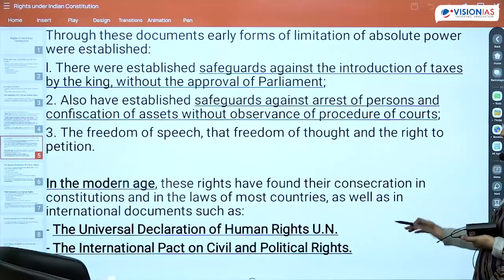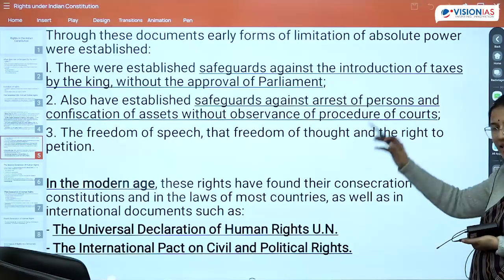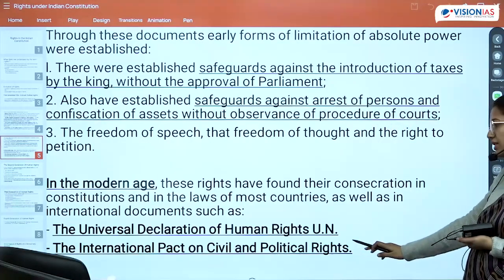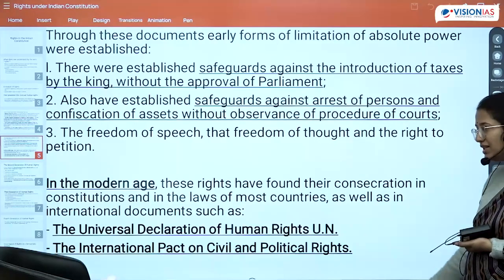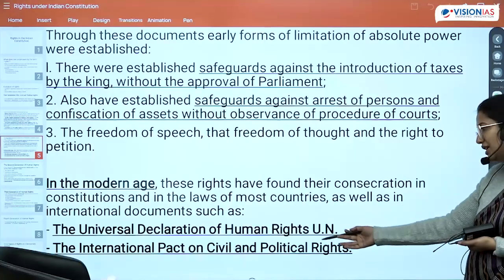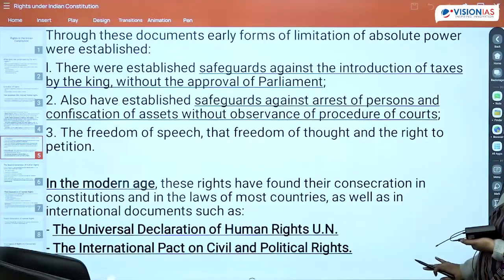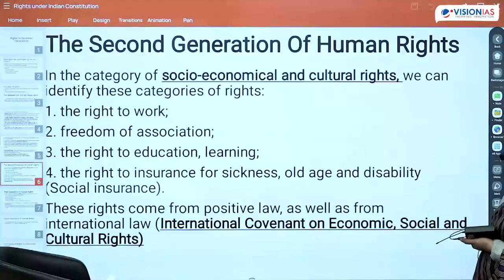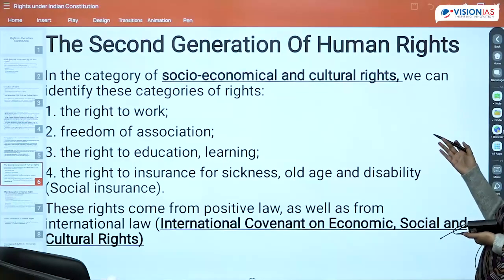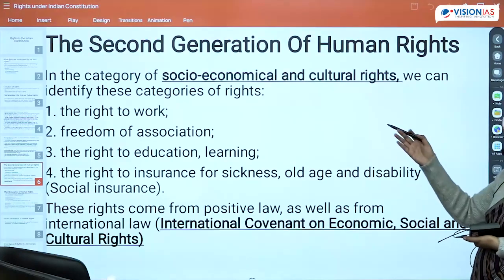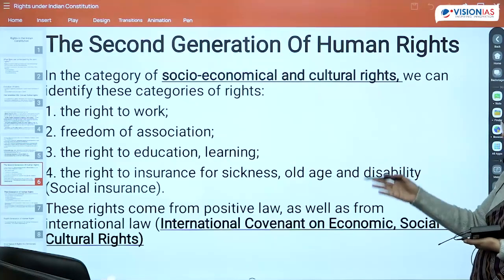So that is all. And in the modern age, such rights have found expression in two documents: the Universal Declaration of Human Rights and the International Covenant on Civil and Political Rights. Then came second generation socio-economic and cultural rights. We started demanding right to work, right to form associations, right to education.